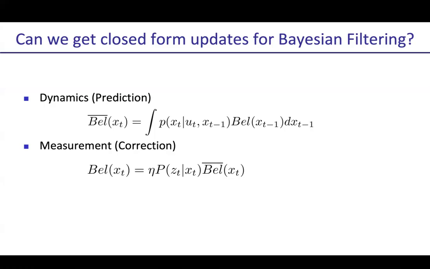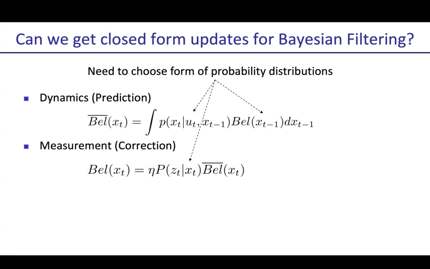The problem that Kalman and lots of others were trying to solve, largely in the context of the army when they were trying to localize helicopters and these kinds of things, was: can we get closed form computable updates? Can we get a tractable update for Bayesian filtering, which is not approximate, where you can actually compute these integrals and normalizing factors?